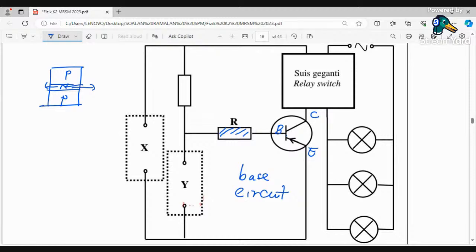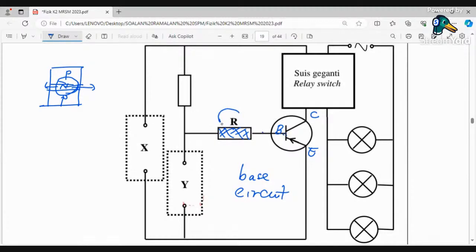So when you want to let the transistor on, you need to overcome the junction voltage across the BE junction, and it requires just a small amount of charge. Okay, so if you don't put R here, a very large amount of charge will go to the base. This one will cause the transistor to spoil.